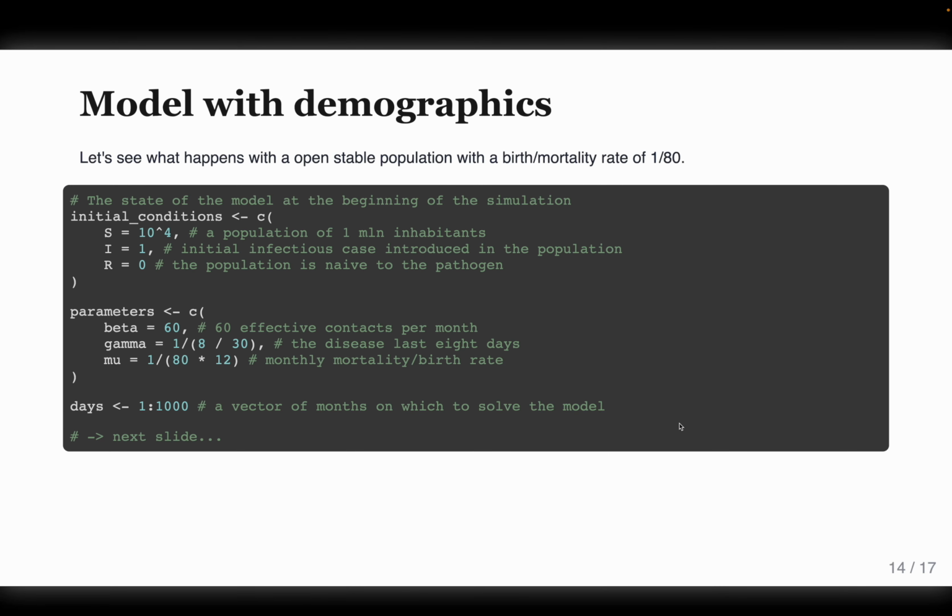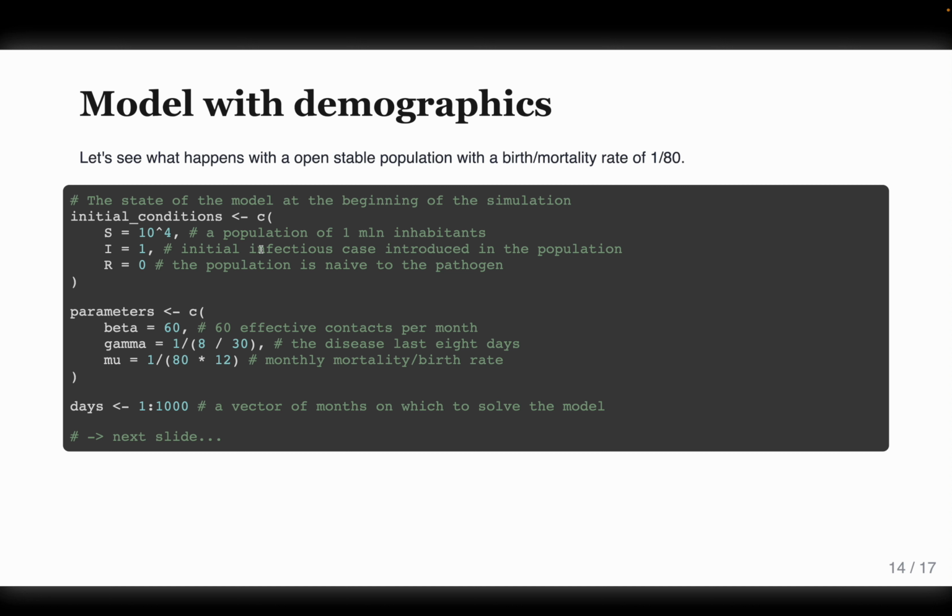Finally, let's see a slightly more advanced example in which we also introduce demographics into our models. We will introduce a mortality and a birth rate. We will assume that they are the same for simplicity, which equates to a lifespan of 80 years in the population.